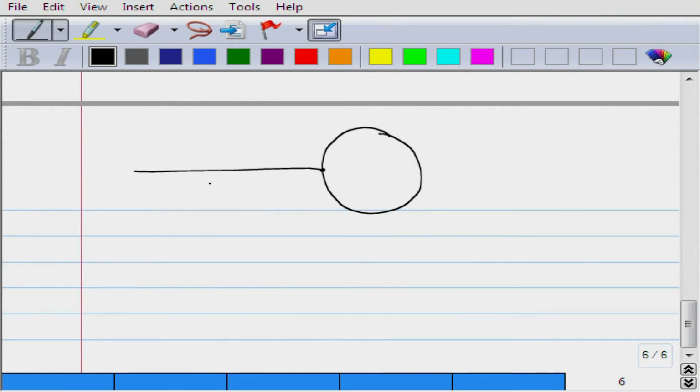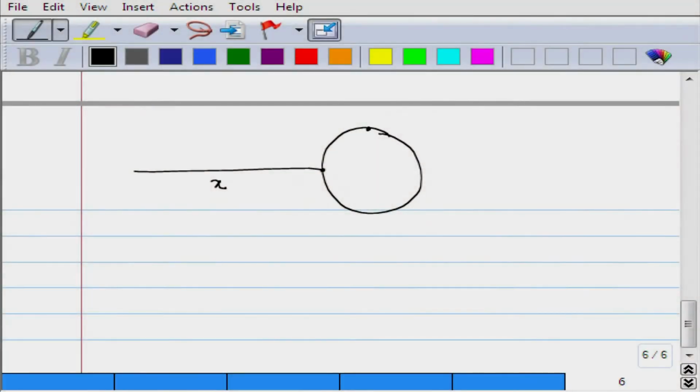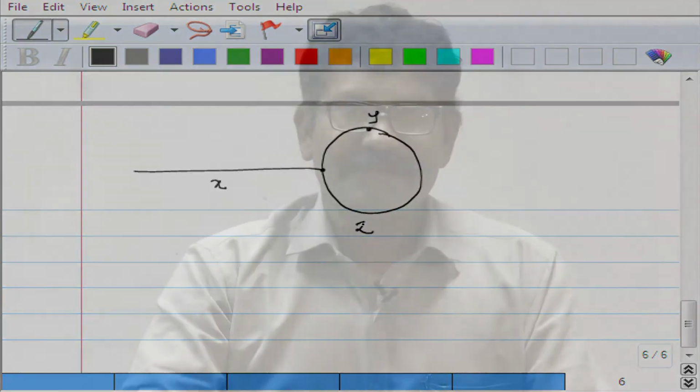Up to this point, it has travelled a distance x, am I right? Then they are meeting at point y, but there is one more pointer, the slower pointer, coming back and meeting at that point. So, here it covers again some distance as z, am I right?